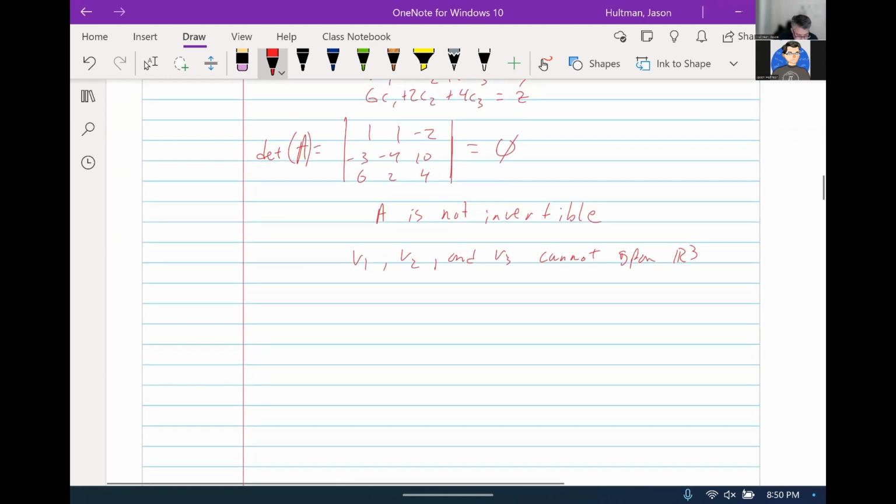Okay, if we do take this system of equations, we'll do a note here. Note that if we do take this system of equations, and we go 1, 1, -2, -3, -4, 10, and 6, 2, 4, and then we do x, y, and z, and we try to get this into REF, it would turn out to look like this.